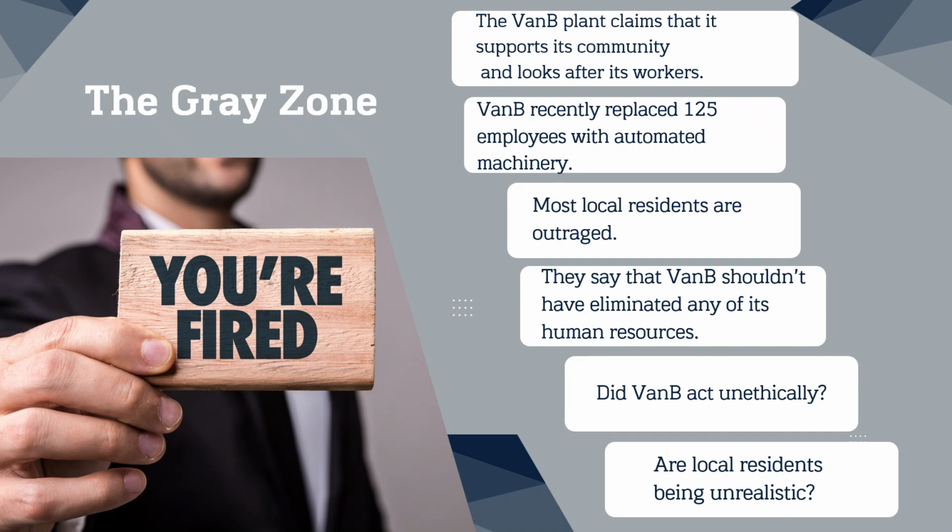Most of the local residents are outraged that these workers have been replaced. They say that Van B shouldn't have eliminated any of its human resources. So now I ask you, did Van B act unethically? Are the local residents being unrealistic about the needs and wants of the company?